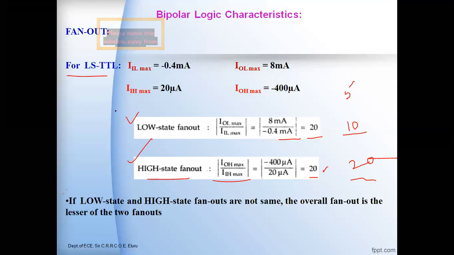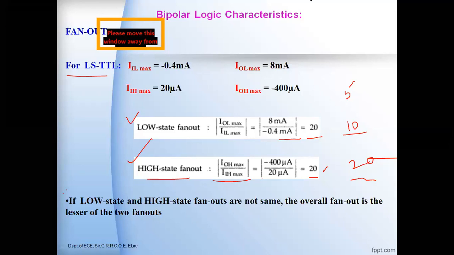If you know the maximum rating of the currents, then you can determine the low state fan out and the high state fan out, so that you can know the DC fan out. According to that, you can connect the TTL inputs to your gate. So this is about the fan out.